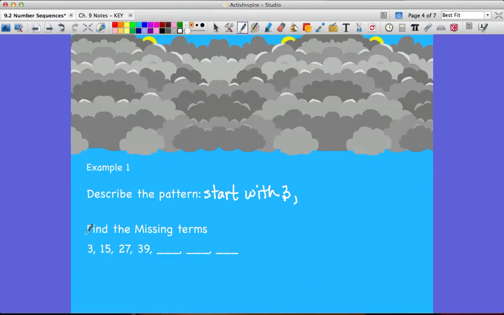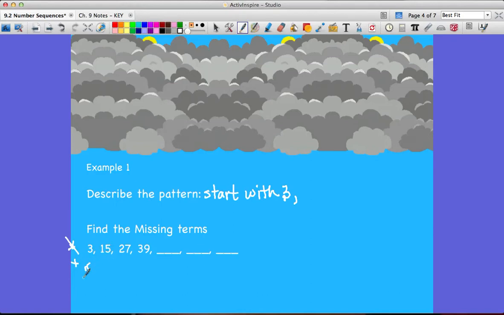comma. Now, I need to figure out what my pattern is. I know that to go from 3 to 15, I can multiply by 5, but if I take 15 times 5, that doesn't get me to 27. So, since I'm going up, my number's getting bigger, instead of using multiplication, because that didn't work, I can try addition. 3 plus what gives me 15?